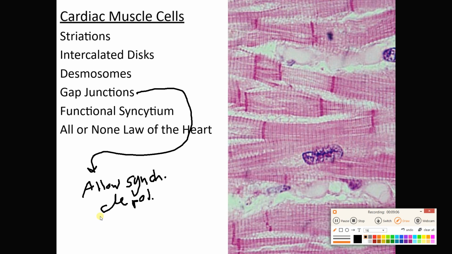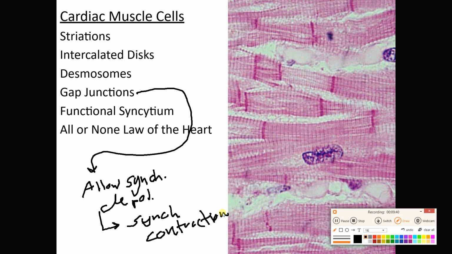Now, what's the point of that? If you synchronize depolarization, you're going to synchronize something else. If you remember back from A&P1, think back fondly on your time there, after a muscle cell depolarizes, the next thing it is going to do is contract. So gap junctions allow my cardiac muscle cells to depolarize together, which then makes sure that they contract together.